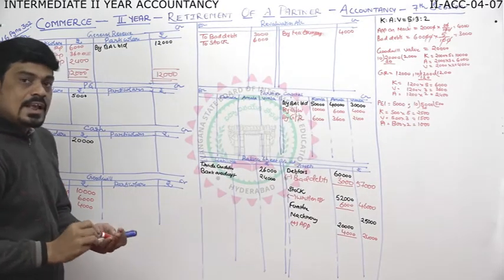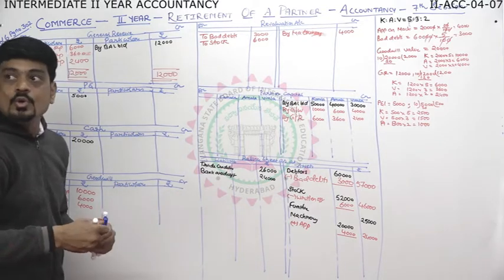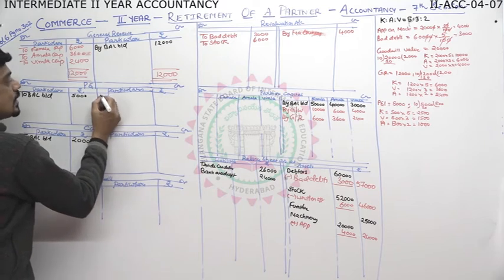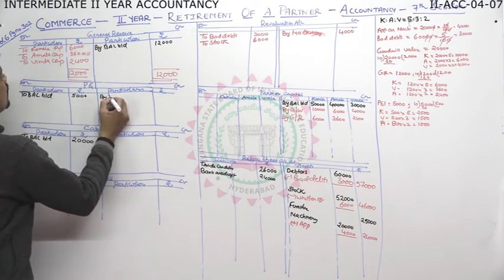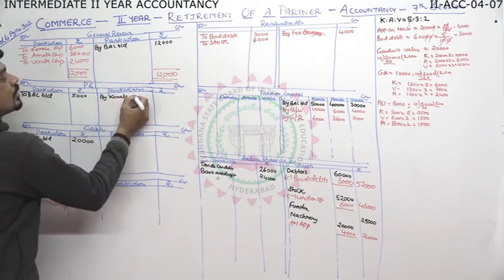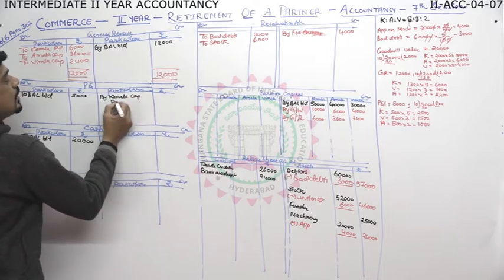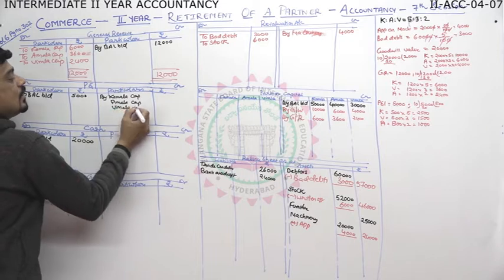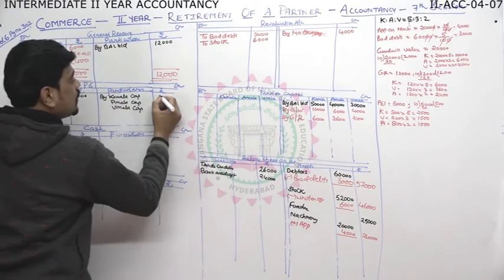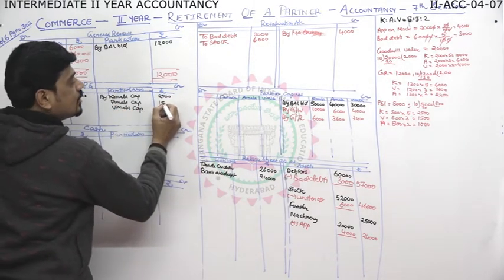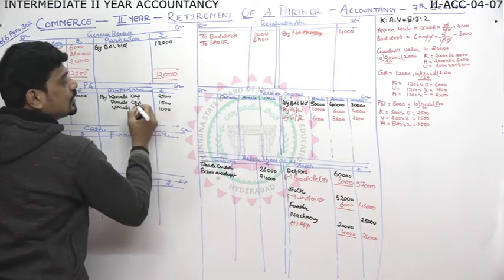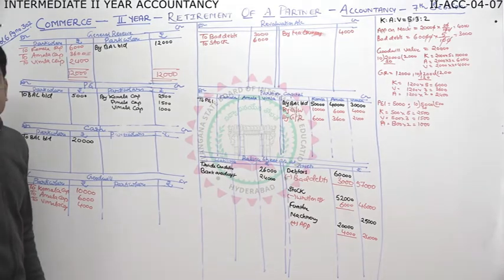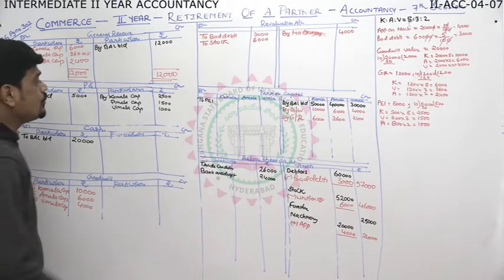Now, it is an accumulated profit, loss. Accumulated loss is to be debited to partners. So, here, by Kamala Capital, then Amala capital, then Vimala capital, 2,500, 1,500, 1,000. So debit side. To profit and loss. This is important here. This is very important.